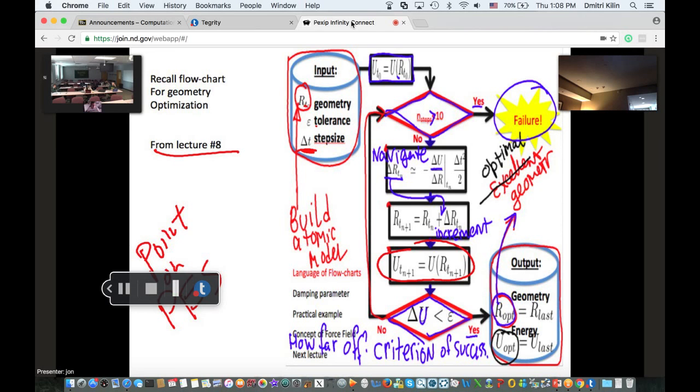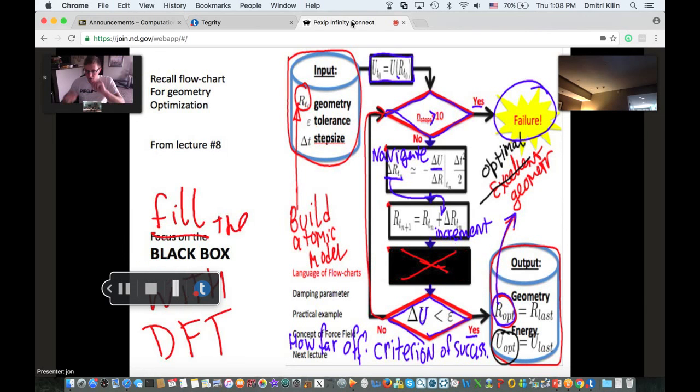And so this is more or less the same thing as the geometry optimization algorithm with this black box of not knowing what it is. We put DFT in there and calculate electronic structure to get out the optimized electronic structure and geometric structure.